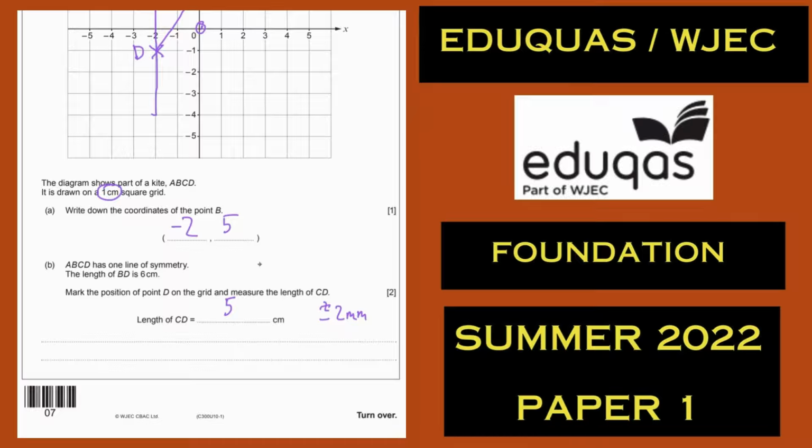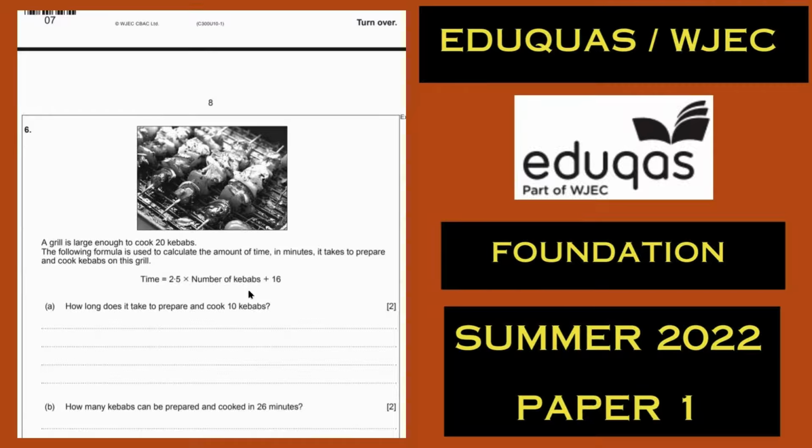When I measure mine, my full-size print-off, I get 4.8, which is close but not quite the same. It's definitely not 5 on mine. So basically, be generous to yourself, or if you're marking someone else's, it depends on how it's been printed.